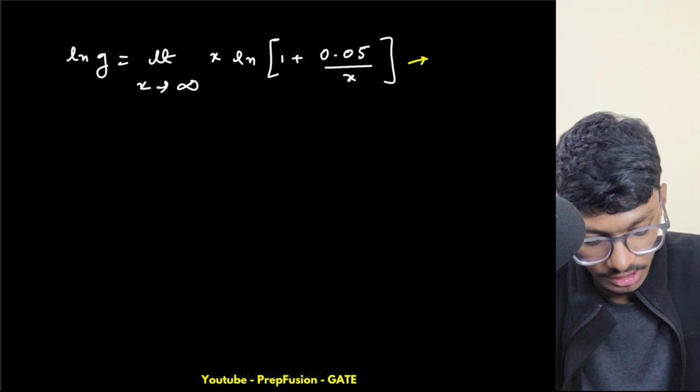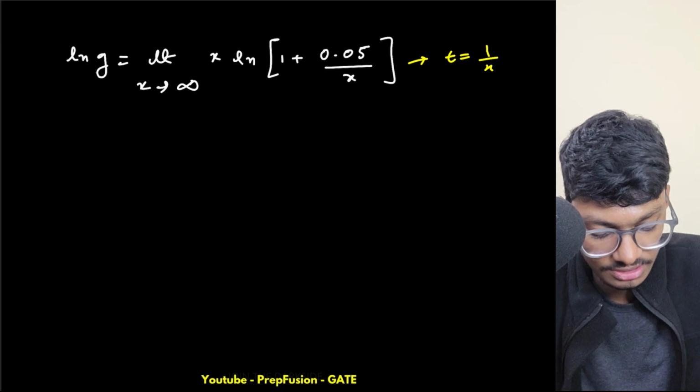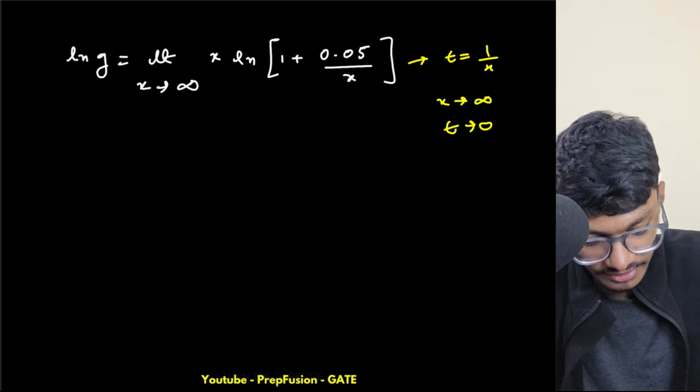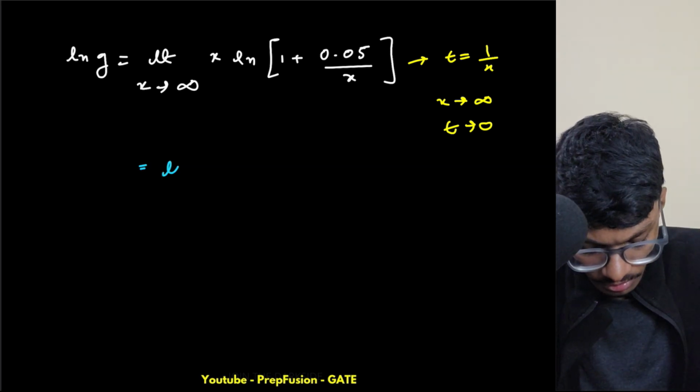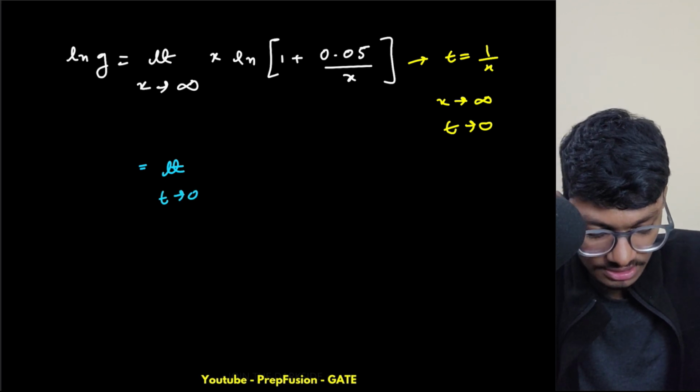So let me convert variables. Let me write t equals 1 by x. So if x tends to infinity, t will tend to 0. I will change variables, but the answer of the limit will remain the same. So x is 1 by t.